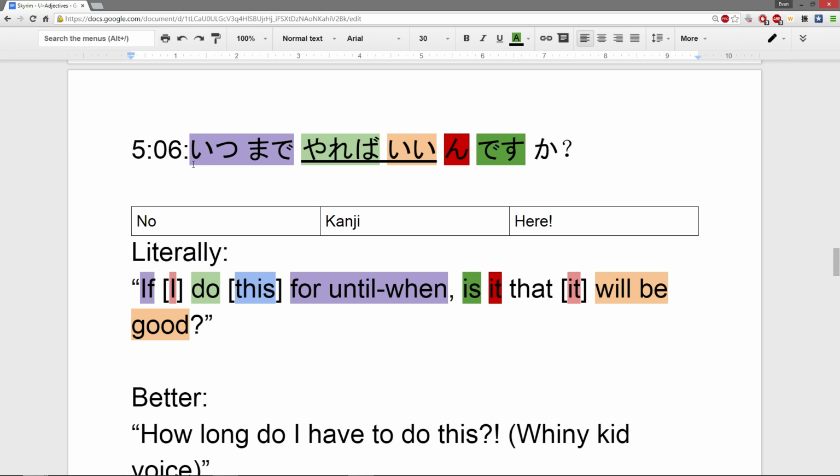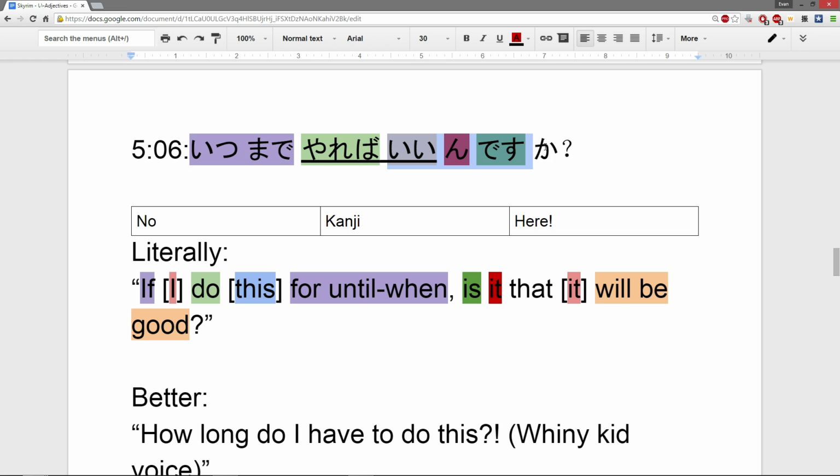All right, the next one, 506. Itsumade yareba ii n desu ka? Okay, so the real verb is desu, which is odd because the actual meat and potatoes of the sentence is all this. So desu is "is", and this n is technically a noun, and ii is modifying the noun.